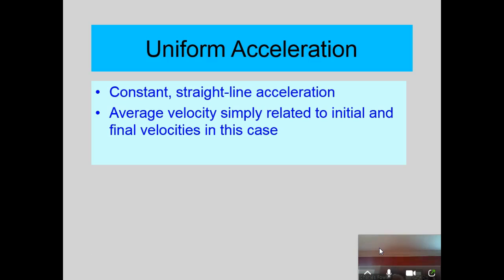But anyway, when you do have uniform acceleration, straight line, constant acceleration, another way to calculate average velocity is simply the average of the initial and final velocities, which leads to this formula here.